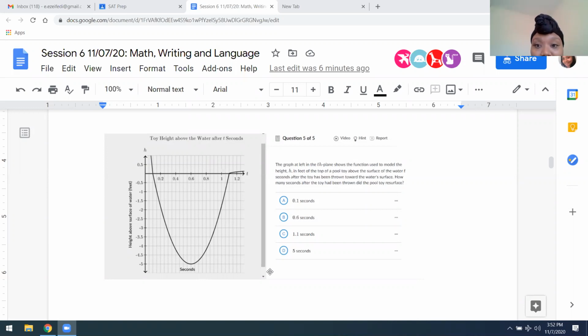Okay, so DM, you're asking, isn't it 1.1 to 0.1 because resurface? So when it says resurface, it's speaking about when the toy is back from under the water. So let me put my little annotation thing. The correct answer is C, and I'll explain why.